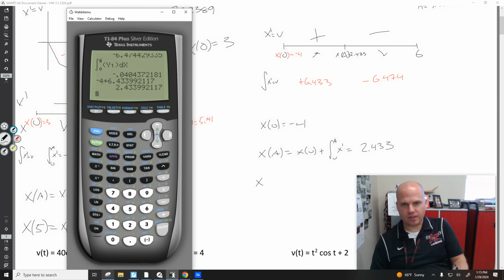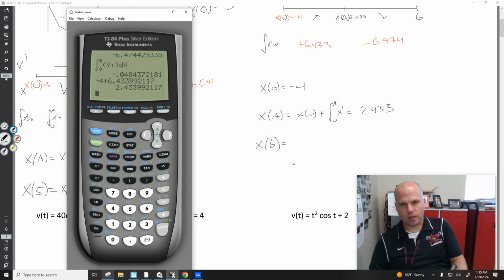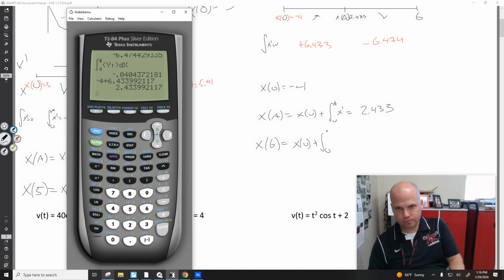And then x of 6 equals, what do you want to do? Do you want to go from 0 and then just do your overall displacement from 0 to 6? Sure. Do you want to go to A and then just do your displacement from A to 6? Sure.